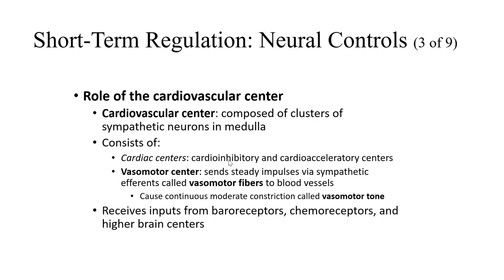We discussed this already when I lectured to you on the heart. So you could review the role of the cardio-inhibitory and cardio-acceleratory centers of the heart. The vasomotor center sends steady impulses via the sympathetic efferents, called the vasomotor fibers, to the blood vessels.